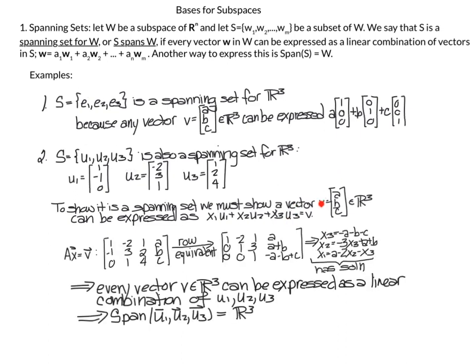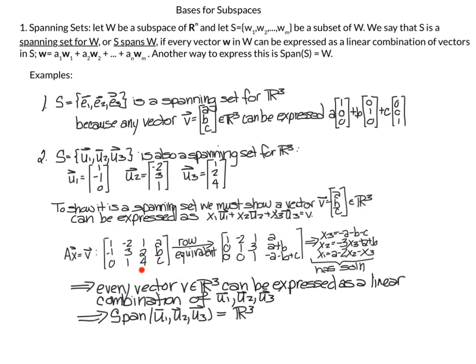To figure out if a, b, and c can be written as a linear combination of u1, u2, u3, we just need to solve the matrix equation Ax equals v. So v is our arbitrary vector in R3, and the matrix A is just the column vectors u1, u2, u3.